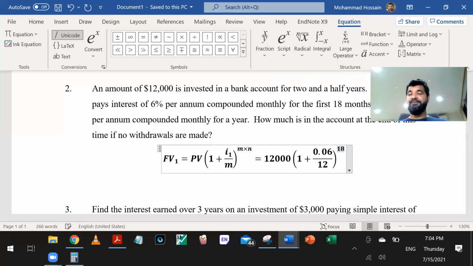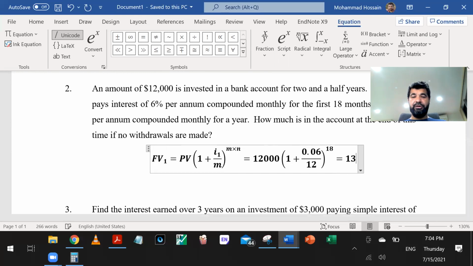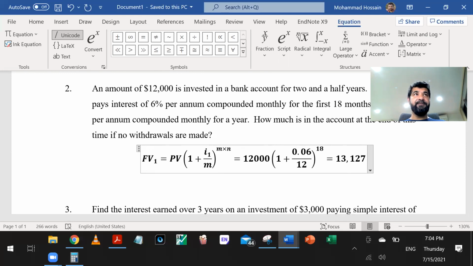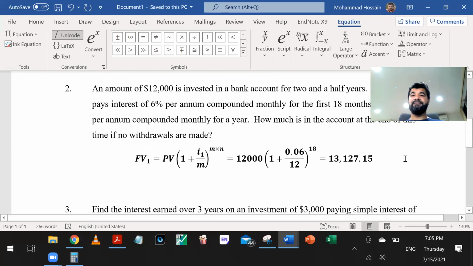Instead, you can put 18. We are doing it for 18 months. The answer will be equal to 13,127.15. That's the one.